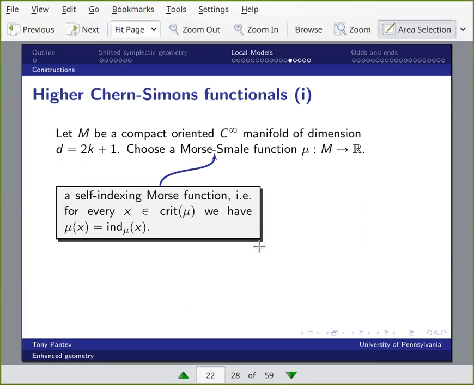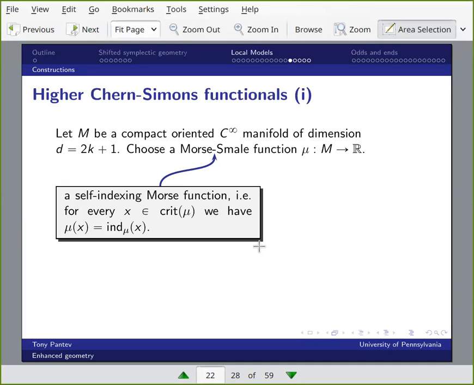So suppose we have a compact oriented manifold of odd dimension bigger than 1. So dimension 2k plus 1. So for 3-manifolds, what our goal here is, we want to understand the moduli of local systems of such a manifold.